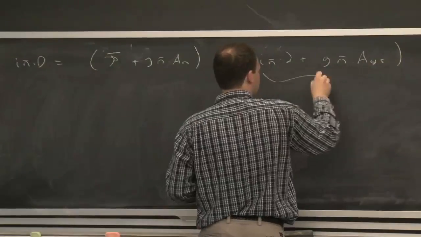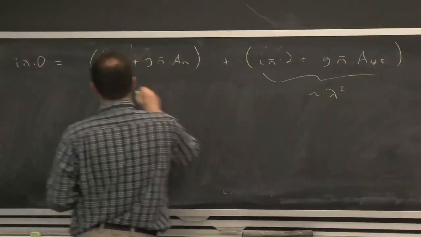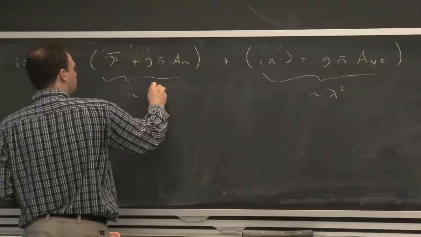So here, this guy is order lambda squared, and this guy is order lambda 0. So we drop this guy.